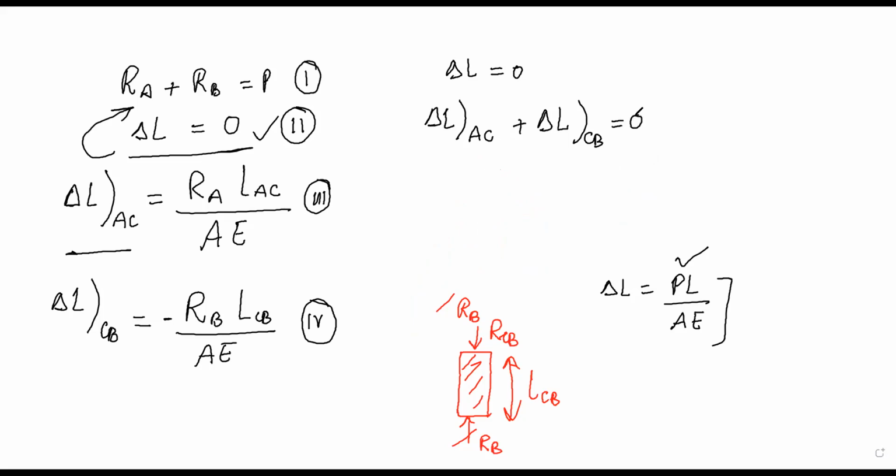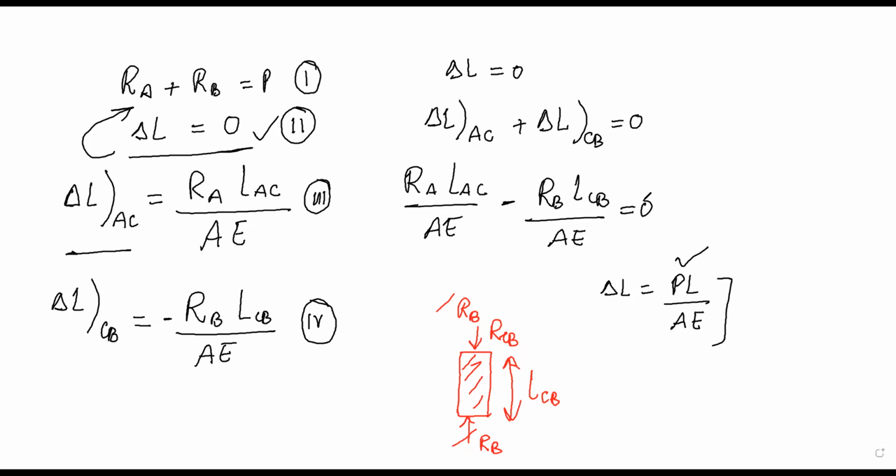There is no change in length. That means applying equations 3 and 4, I could write RA LAC divided by AE, minus RB LCB divided by AE, is equal to 0.